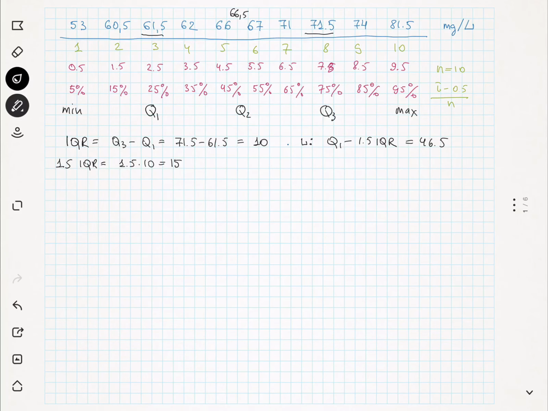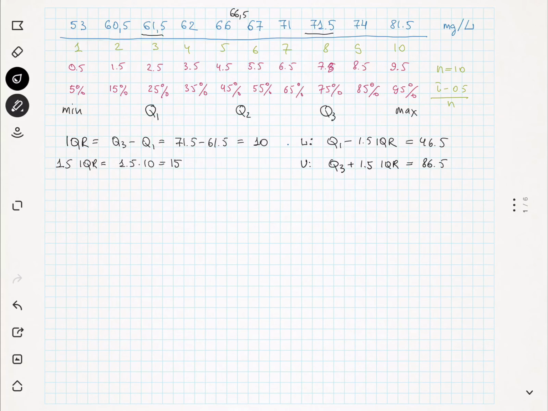We can't find any, so we don't have any extremely small values. Similarly, we calculate the upper boundary for the outliers. We take Q3 plus 1.5 IQR, which is 71.5 plus 15, giving us 86.5. We can see that we also don't have any extremely large values, so we don't have any outliers, and we can just work with the data as is.